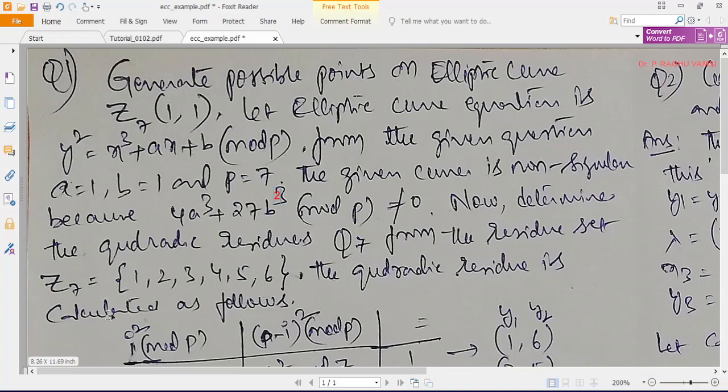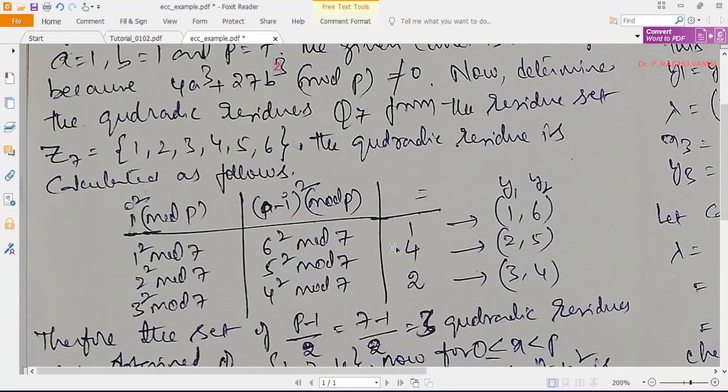The quadratic residue is calculated like this. From the residue set, you take i, and consider i square mod p and p minus i square mod p.